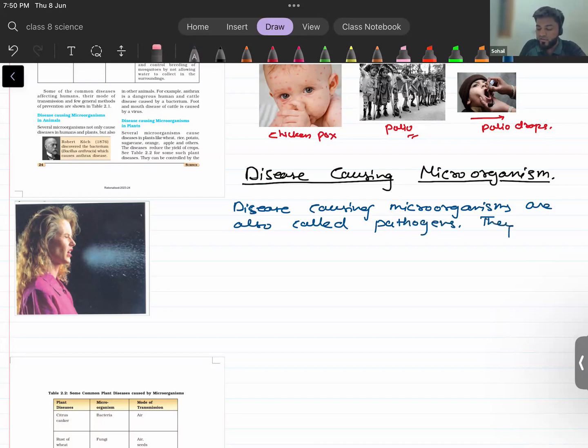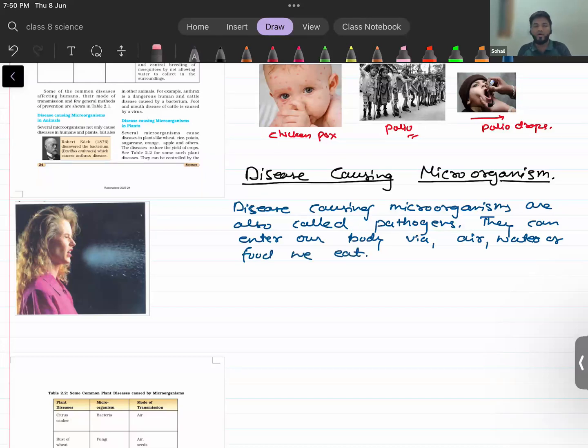And they can enter our body via air, water, or food we eat. And what happens once they enter our body? They will start obtaining nutrition from our body, and they will start to reproduce and multiply in number, right? Yes, sir.